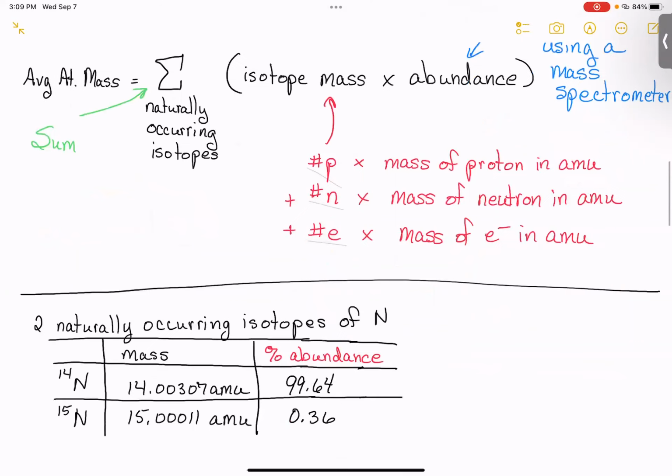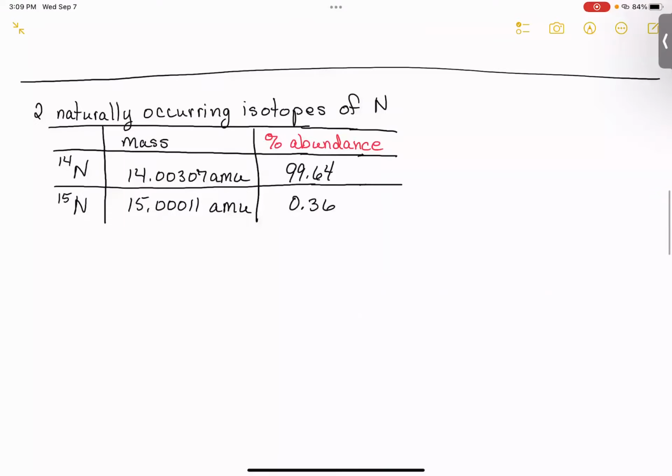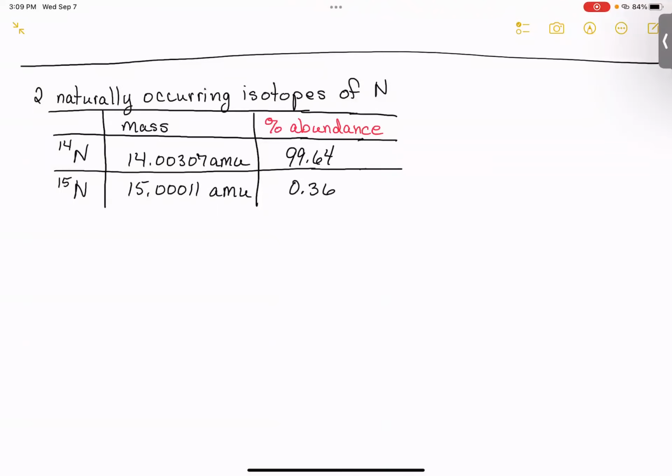So an example would be the fact that nitrogen has 2 naturally occurring isotopes. Those 2 isotopes are nitrogen 14 with its 7 protons and 7 neutrons, and nitrogen 15 with its 7 protons and 8 neutrons.